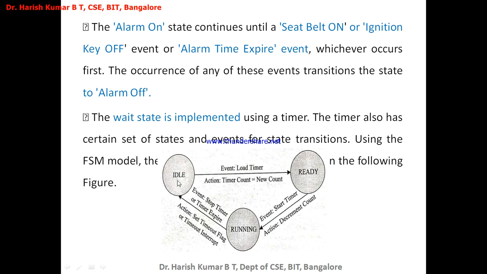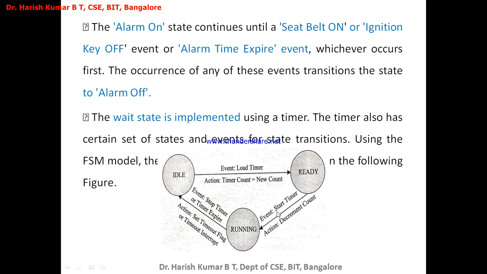Initially the timer also has a certain set of states and event transitions. Initially it is in the idle state. When the load timer event happens, and the timer count is assigned the new count, it comes to the ready state.